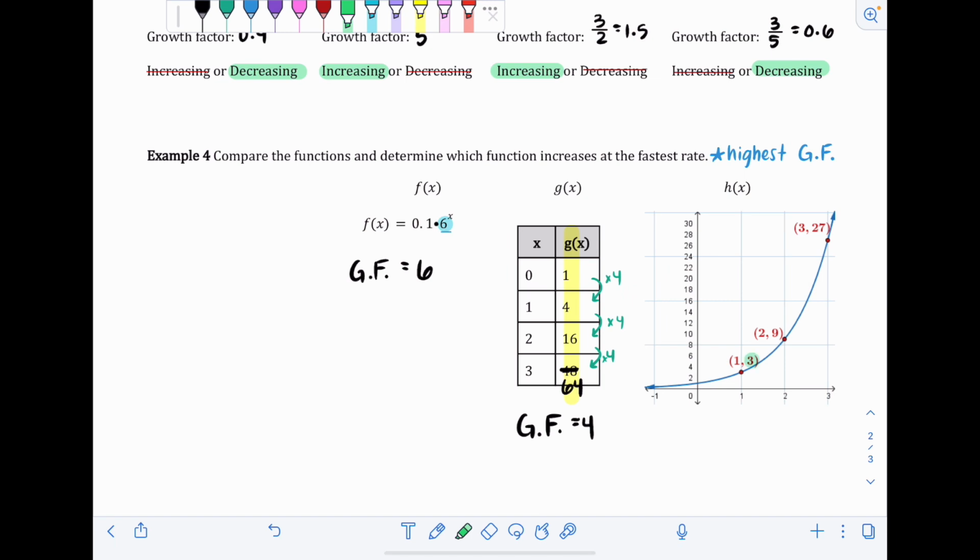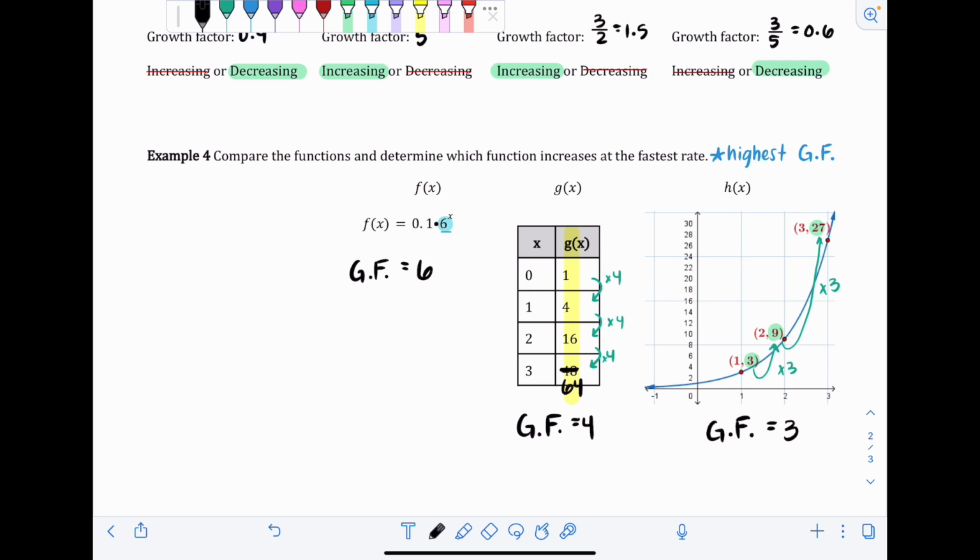From 3 to 9 to 27, to go from 3 to 9, I'm multiplying by 3. To go from 9 to 27, I'm multiplying by 3. So if each time I'm multiplying by 3, my growth factor is 3. When you're looking at a graph, you just have to look at how the y values are changing.